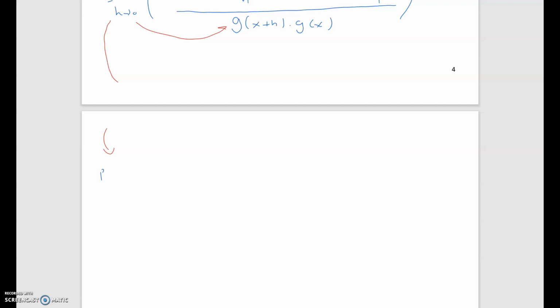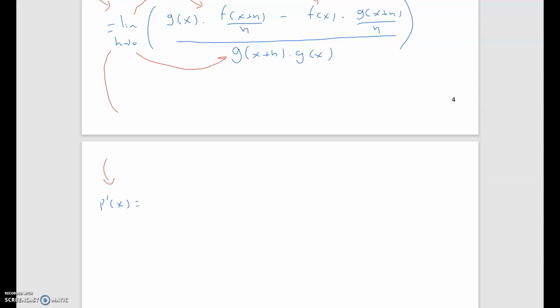So p prime of x is equal to, and the way that I'm rewriting it is, g of x times the limit as h approaches 0 of f of x plus h over h, minus f of x times the limit as h approaches 0 of g of x plus h over h.